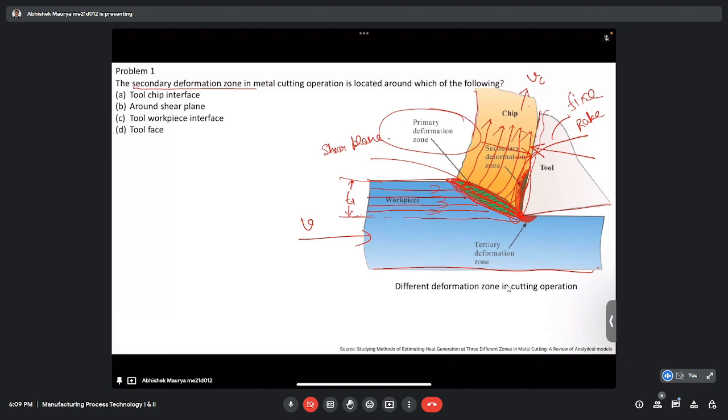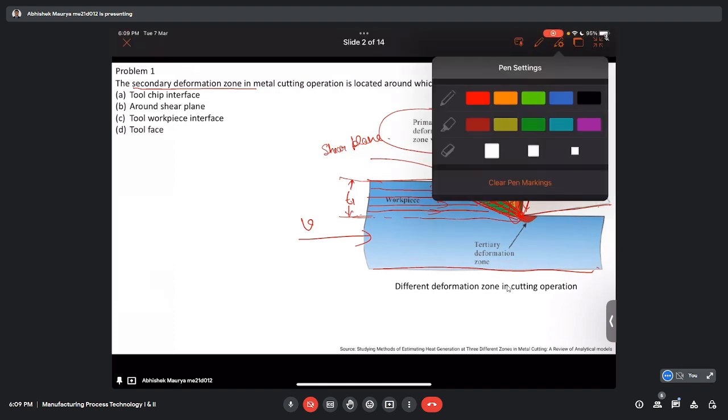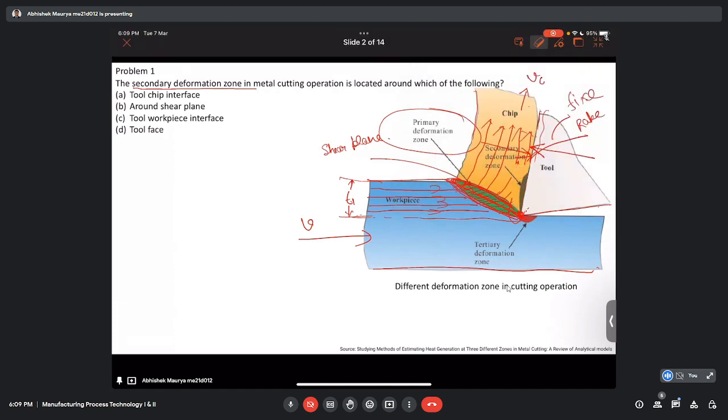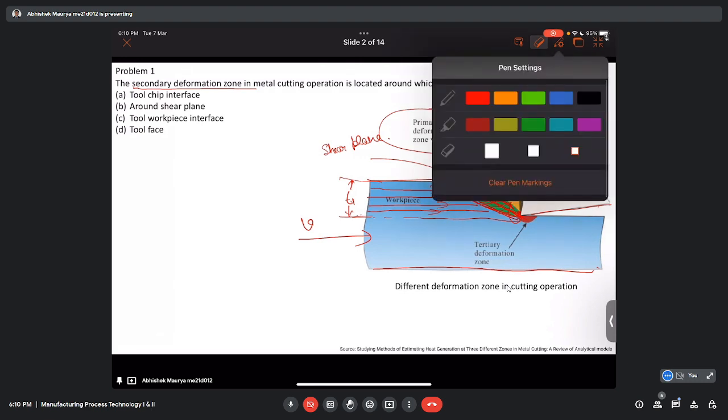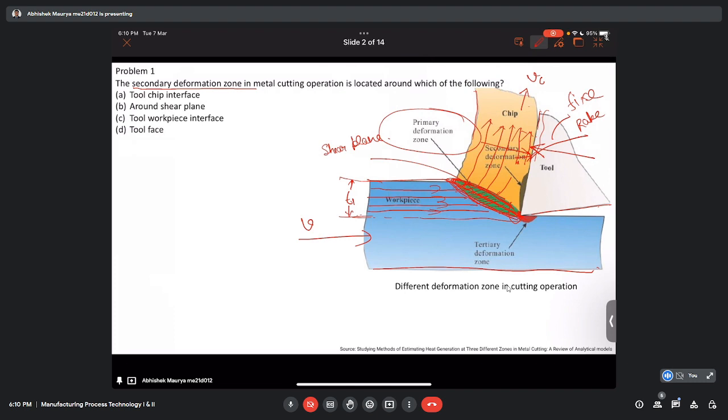If there is a relative motion, a normal force and a friction coefficient between the chip and tool interface, the friction force will also act on the tool surface as well as on the chip. Because of the friction force, the material very close to the rake surface of the tool will get deformed again.